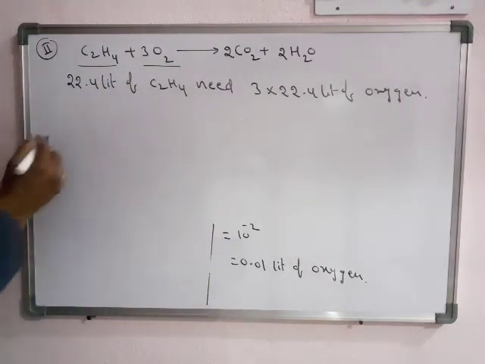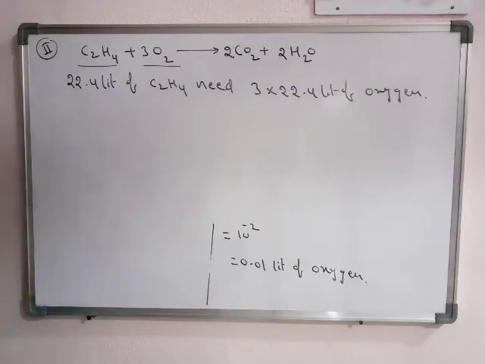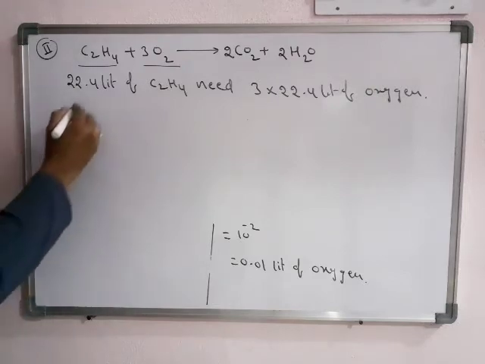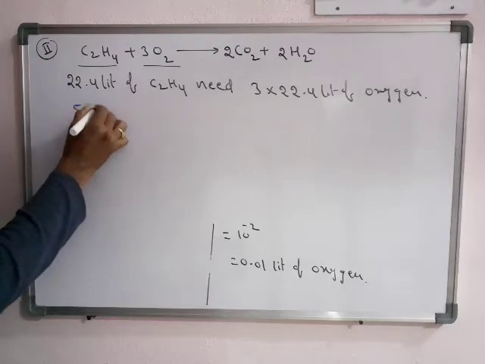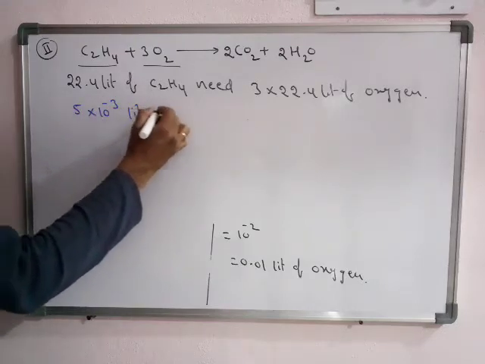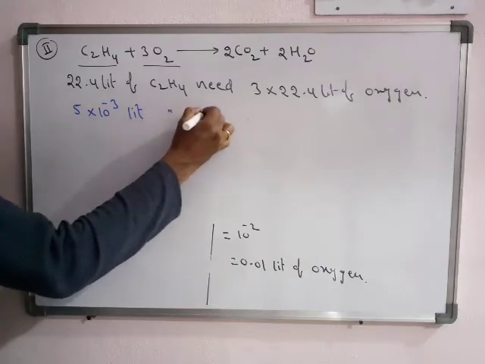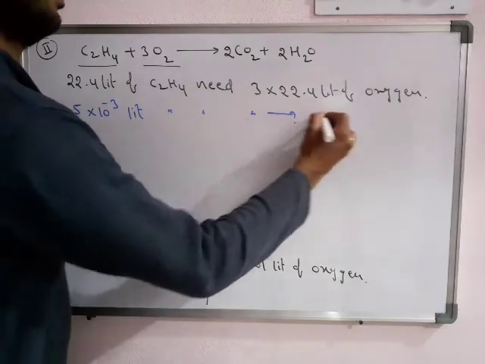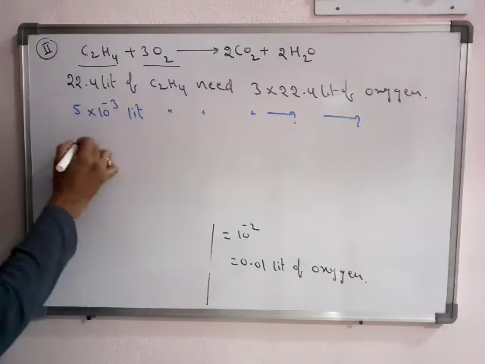So we have to find how much is given in the problem. It is given as 5 cc, 5 milliliters. I am converting it into liters: 5 into 10 power minus 3 liters of C2H4 needs how much oxygen?